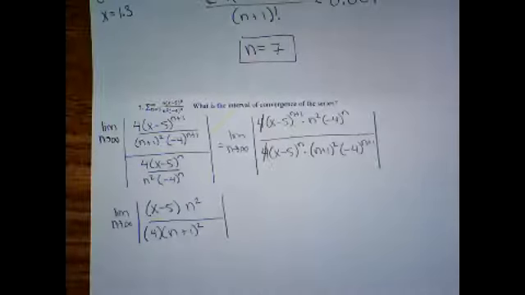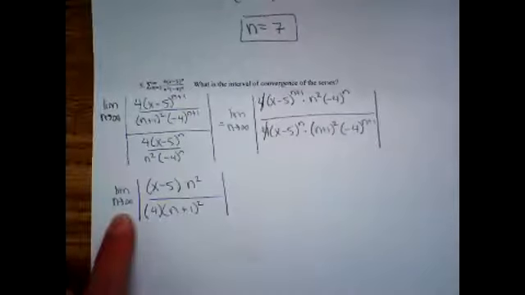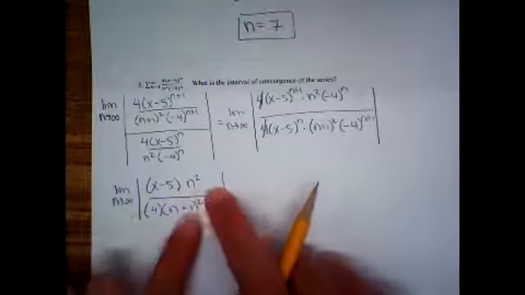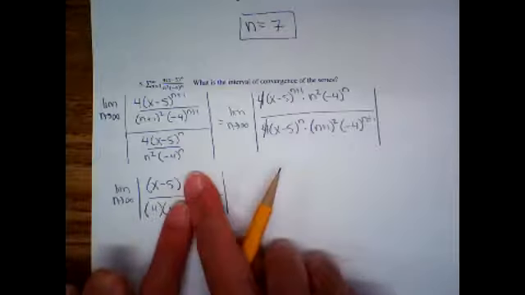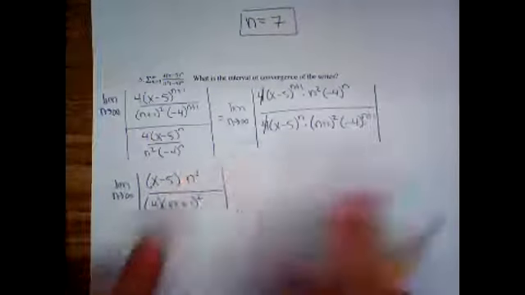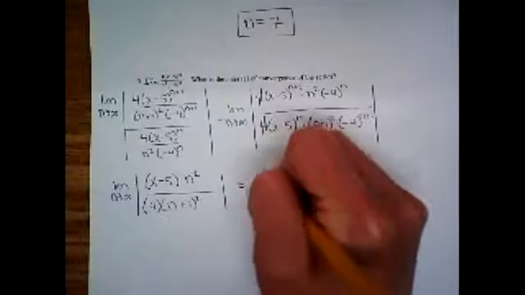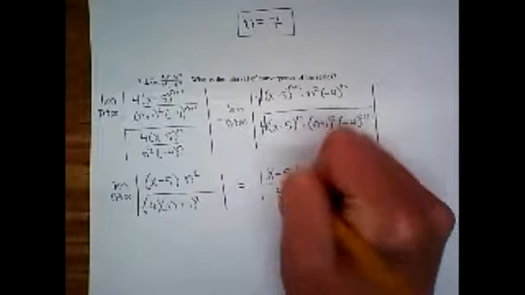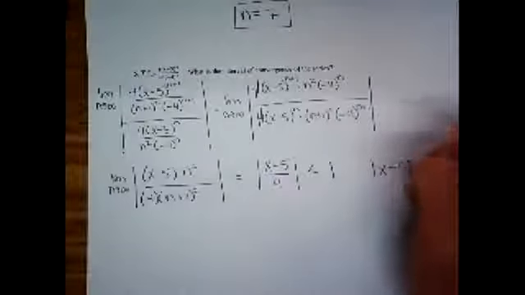All right, now we're going to evaluate the limit as n goes to infinity. This is n squared. This is n squared. So when it's the same, you use the coefficients, which is the x minus 5 over 4. And ratio test says that that has to be smaller than 1. You would multiply the 4 over, and so your radius of convergence is 4.